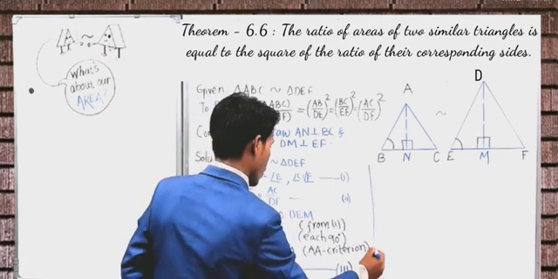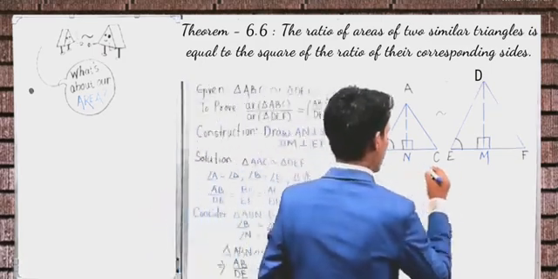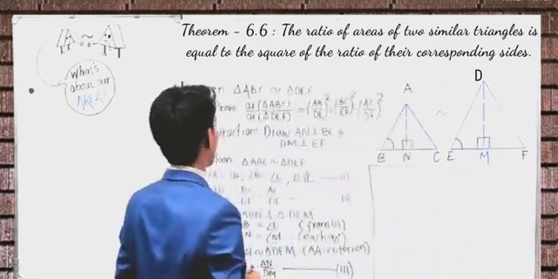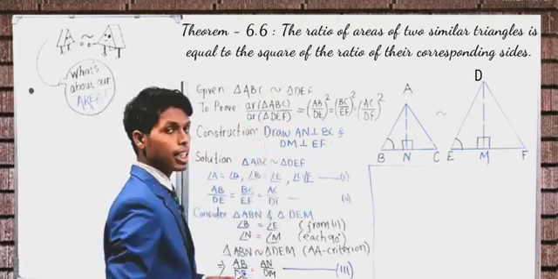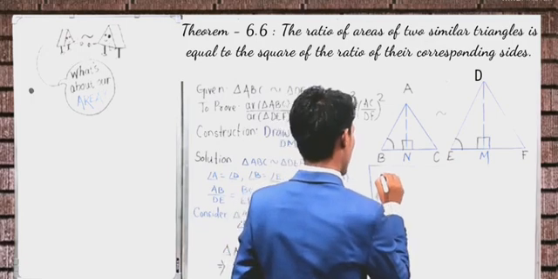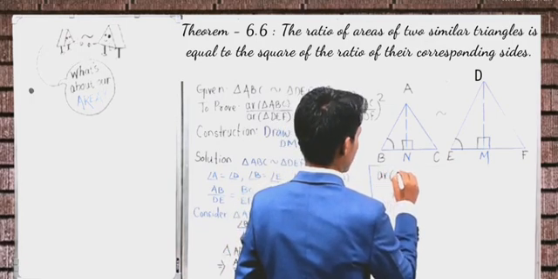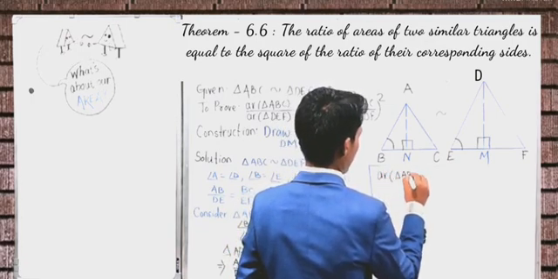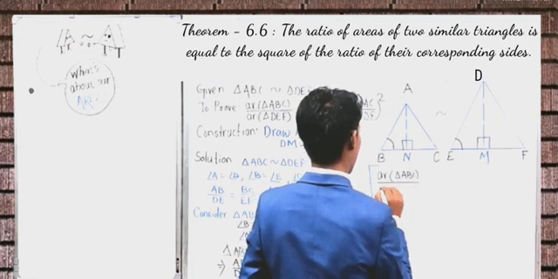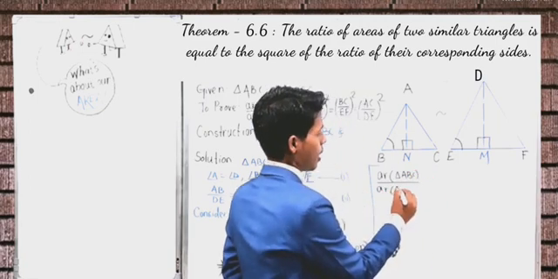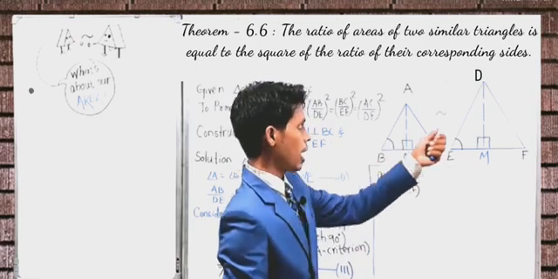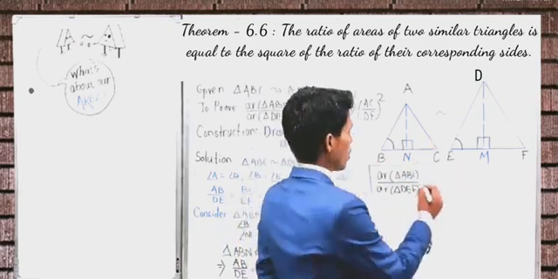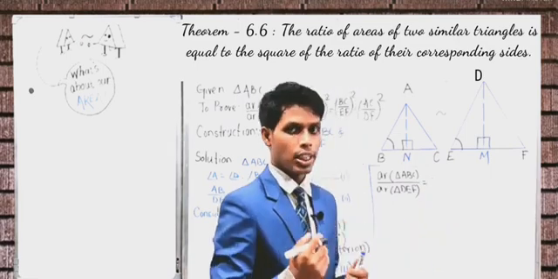Okay. Now let's move to the LHS of our to prove. To prove, it is given area of triangle ABC to area of triangle DEF. We have to find out the ratio. So we'll write area of triangle ABC upon area of triangle DEF. We know the formula is very simple, half into base into height.